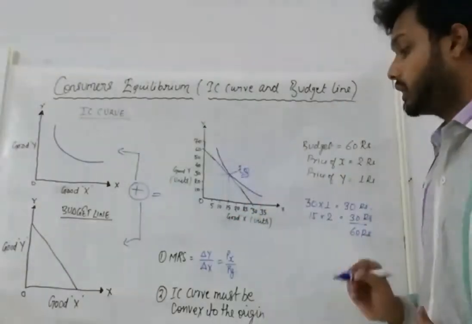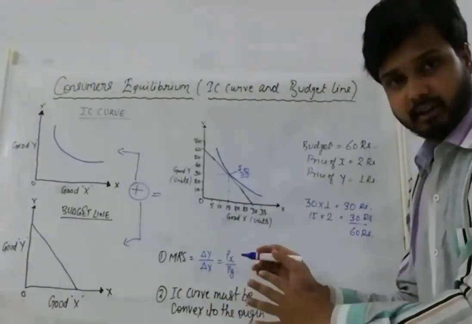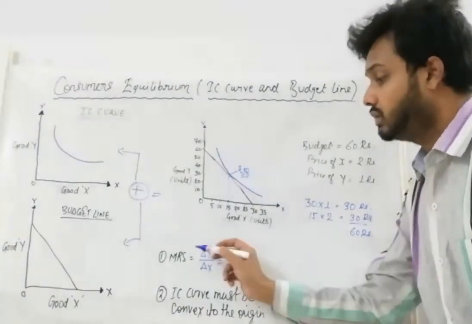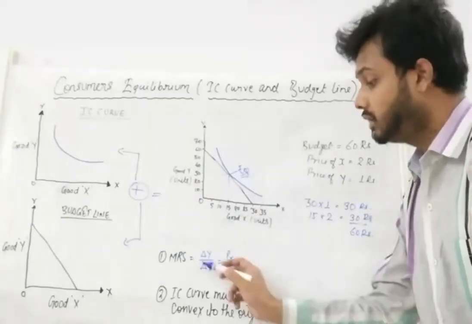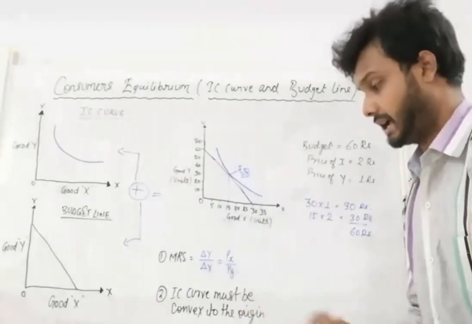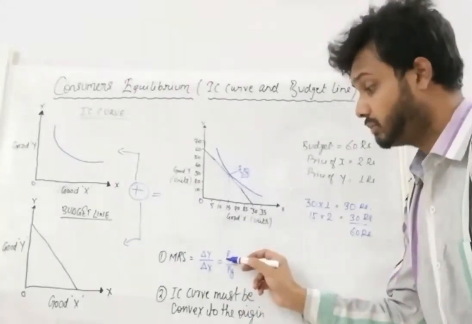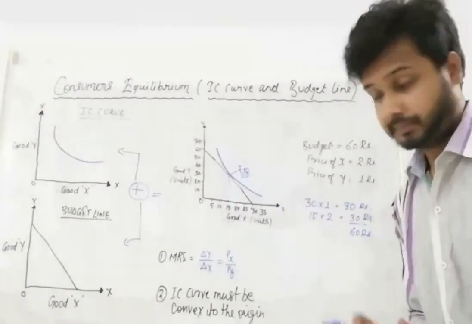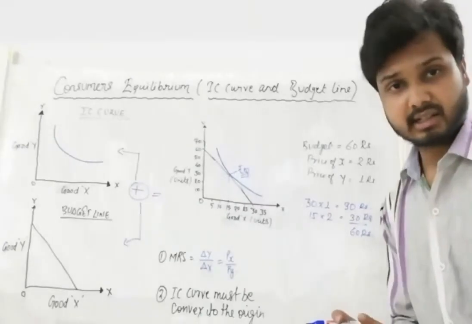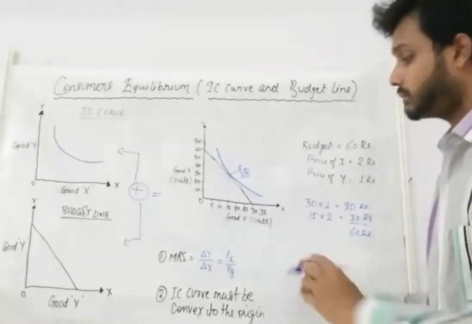The formula for MRS is change in Y, delta Y upon delta X, change in X. This should be equal to price of X upon price of Y.